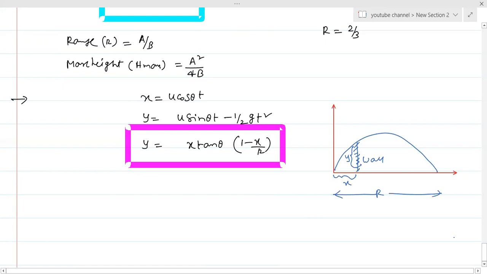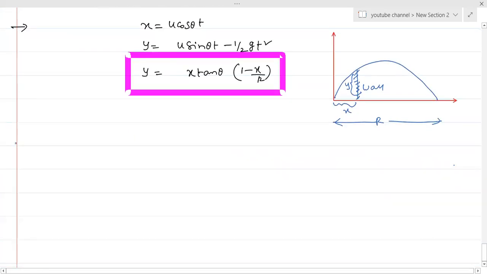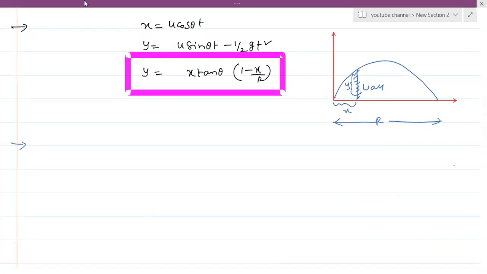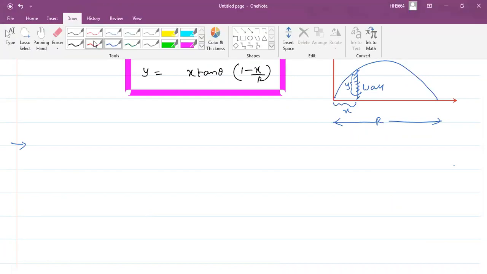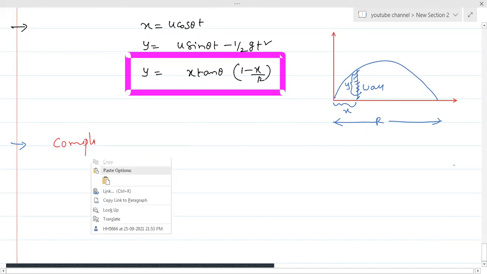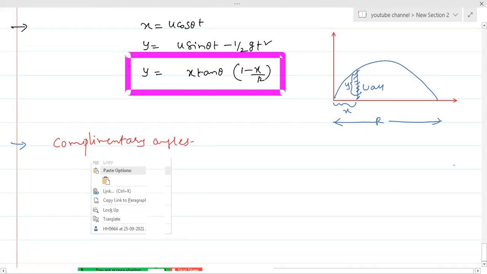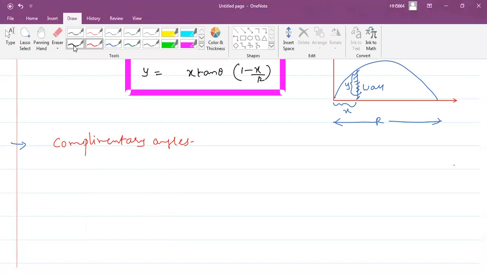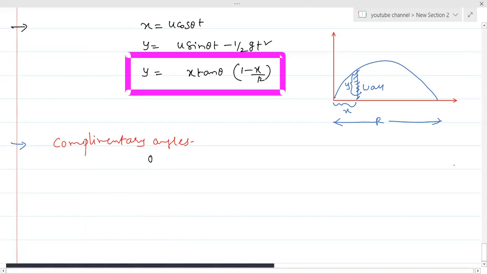After this, we will think of complementary angles. Generally, complementary angles means these are the possible values of theta 1 and theta 2 where their horizontal ranges are equal.